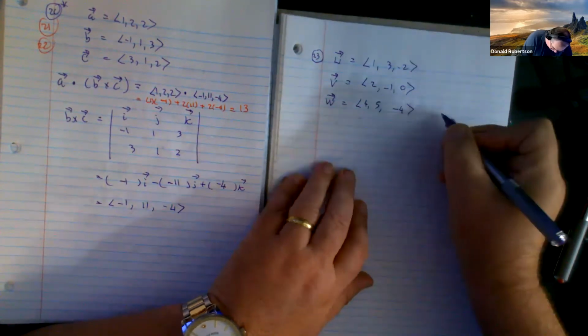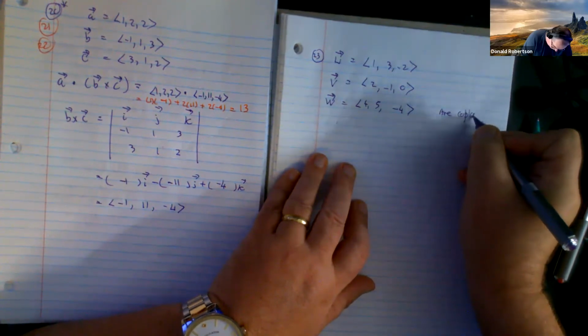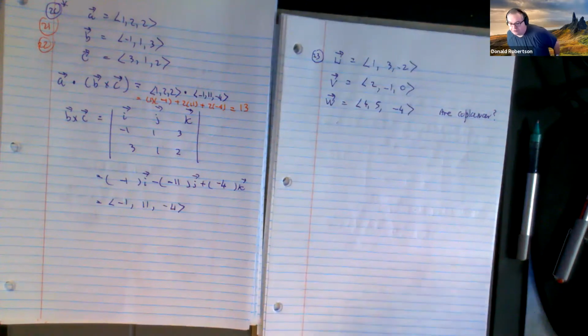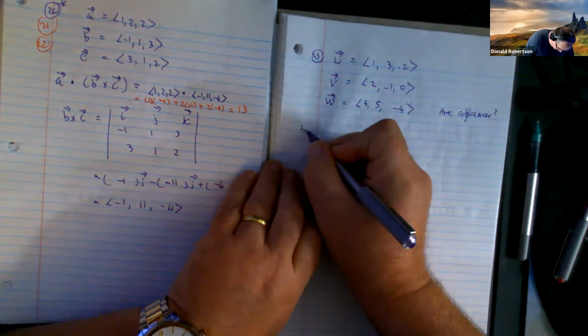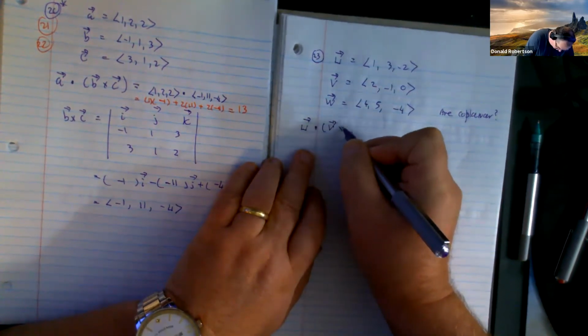We're being asked, are they coplanar? If the triple product is 0, the answer will be they are coplanar. And if it's any other number in the universe, it's not coplanar. So I am going to do u dot v cross w.